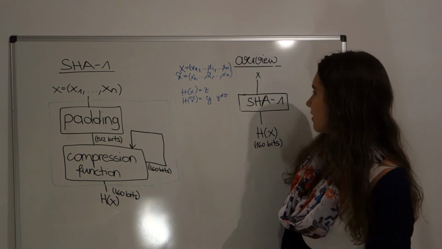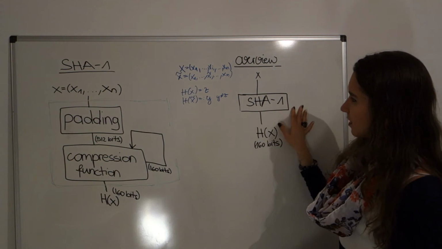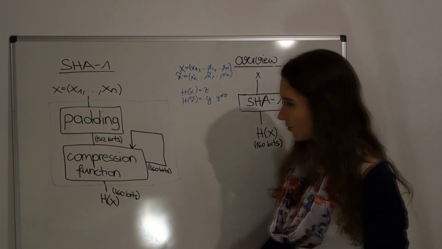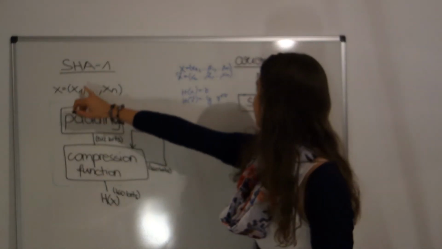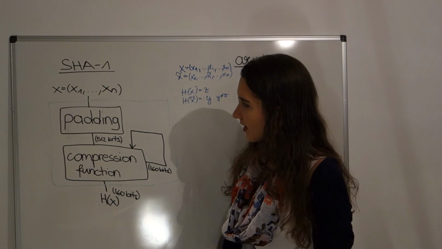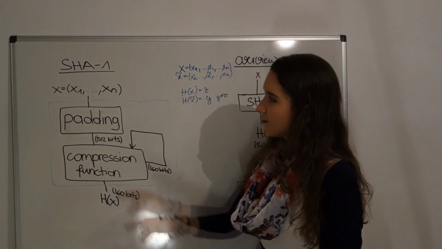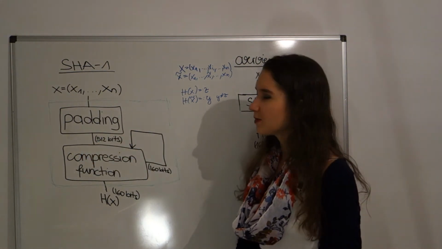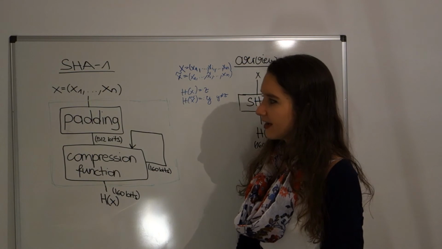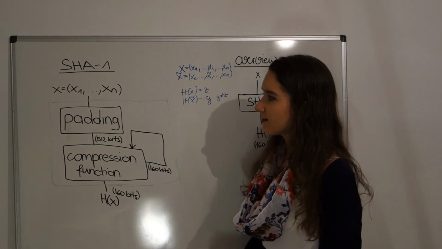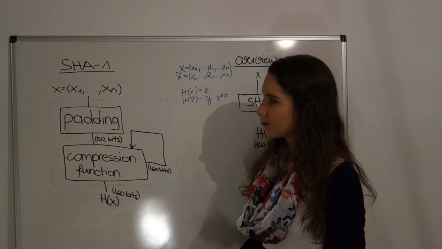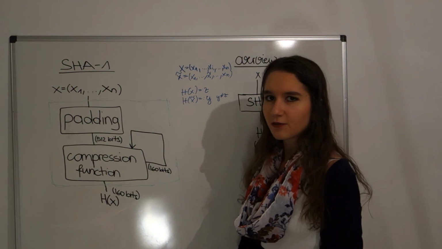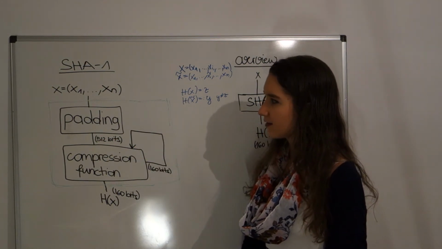Now we have a closer look at the SHA-1 function, because it's the most commonly used hashing function so far. So again we have our input X, X1 to Xn, and if this input is smaller than 512 bits, we do some padding, meaning that we add other bits like zeros and ones to generate a message of 512 bits, because that's what we can work with later on.